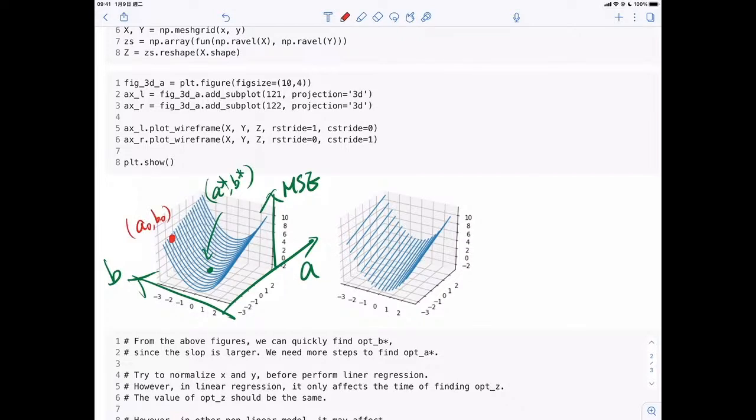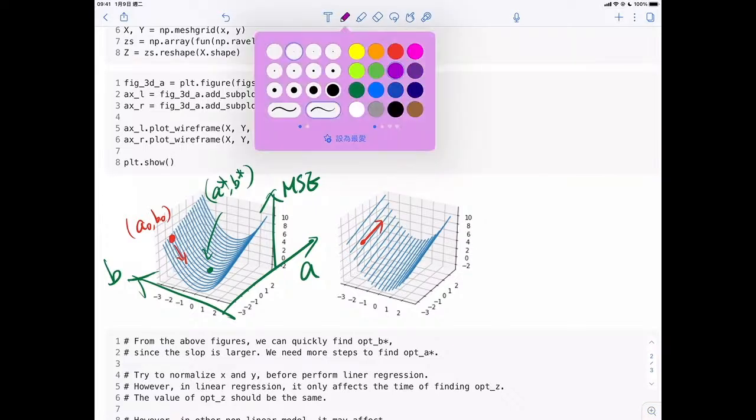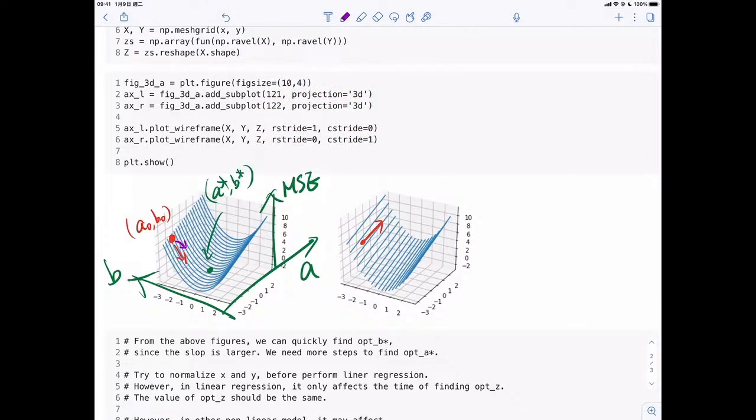So we do partial differentiation. It tells us to go this way, and the other one tells us to go this way. So basically it goes this way for the next step. So it's right here. That's A1, B1.